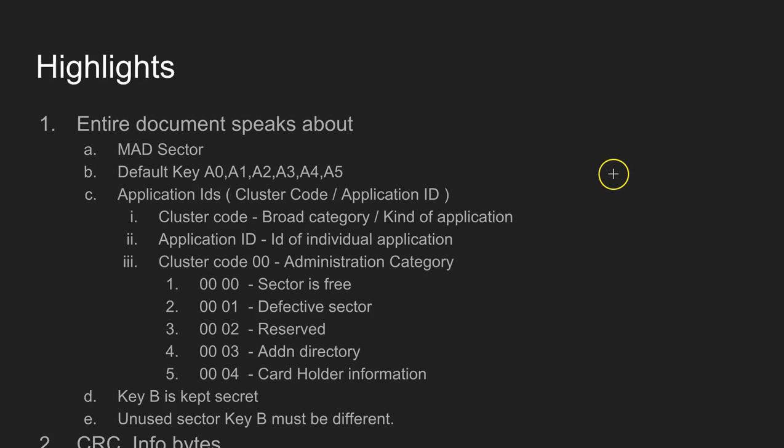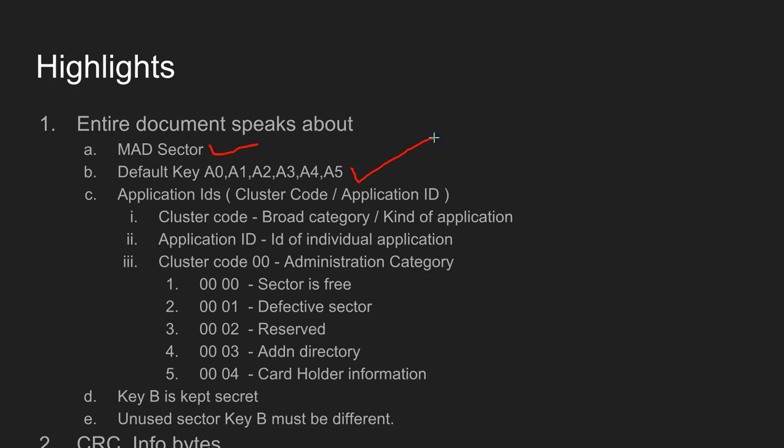So we have been referring to one of the documents from NXP called Mifare Application Directory. This is the summary of the entire document. The document speaks about the MAD structure, the MAD sector, the very first sector of the tag.